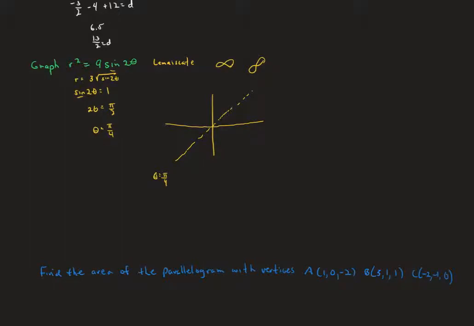Since the biggest sine can be is 1, the biggest r can be is 3. So if we imagine going out here a length of 3, and similarly 3 going in the negative direction, then we're going to get our propeller blade or figure 8 that's going to go through those points. That's about all we have to do for a Lemniscate.